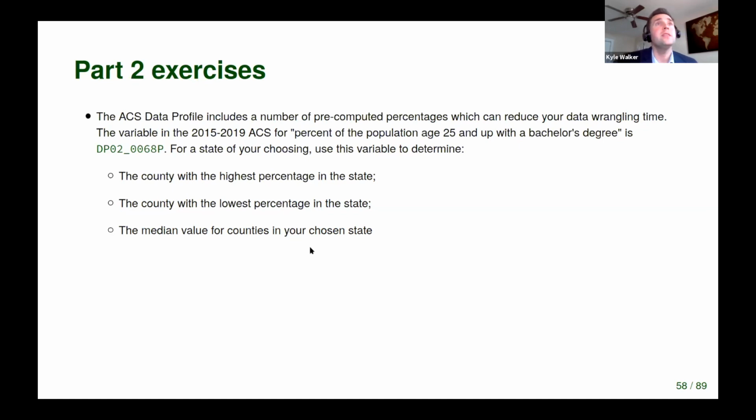And so the variable in the 2015 to 2019 ACS data profile that gives you the pre-computed percent of the population age 25 and up with a bachelor's degree is DP02_0068P. So try using this to determine, for a state of your choosing, the county with the highest educational attainment, the county with the lowest educational attainment, and then the median value for counties in your state using some of the tools that you've learned.